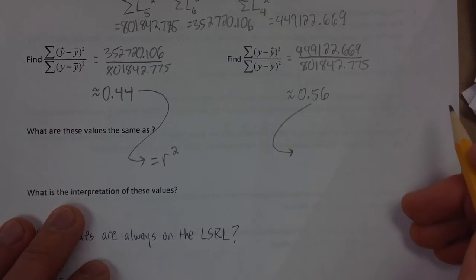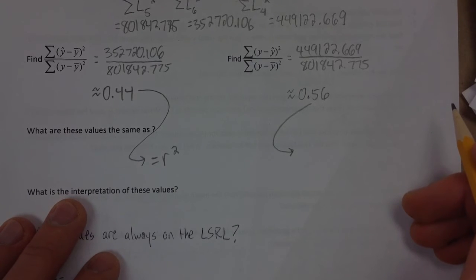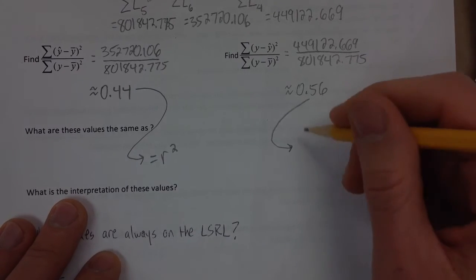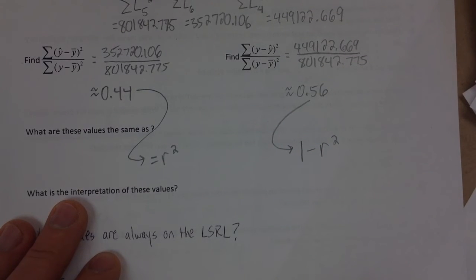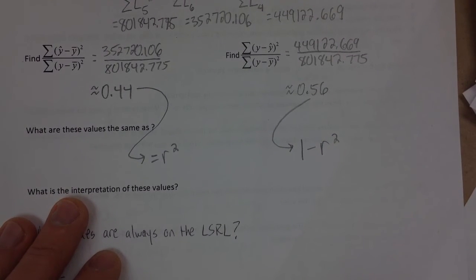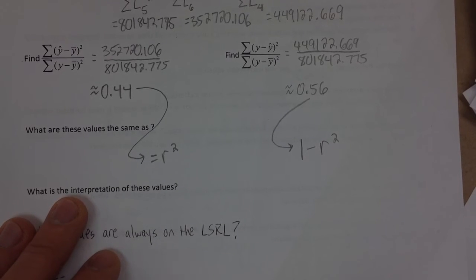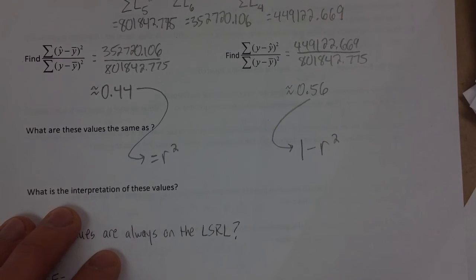It's related to r squared. It's okay. It might not be something you see right away. It's 1 minus r squared. Okay?